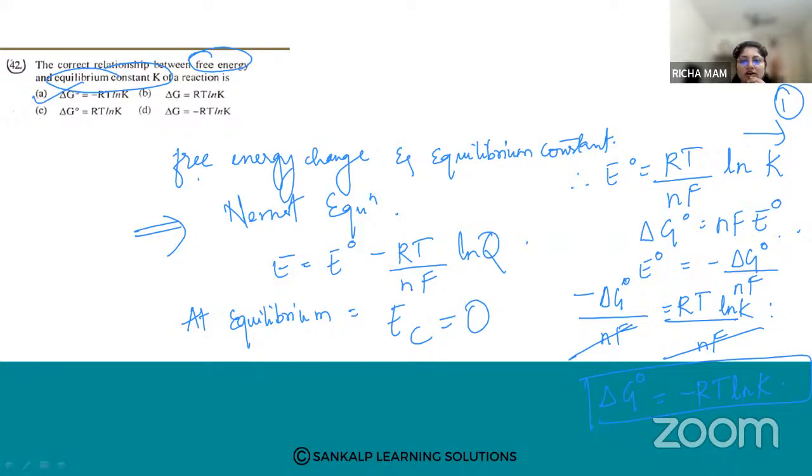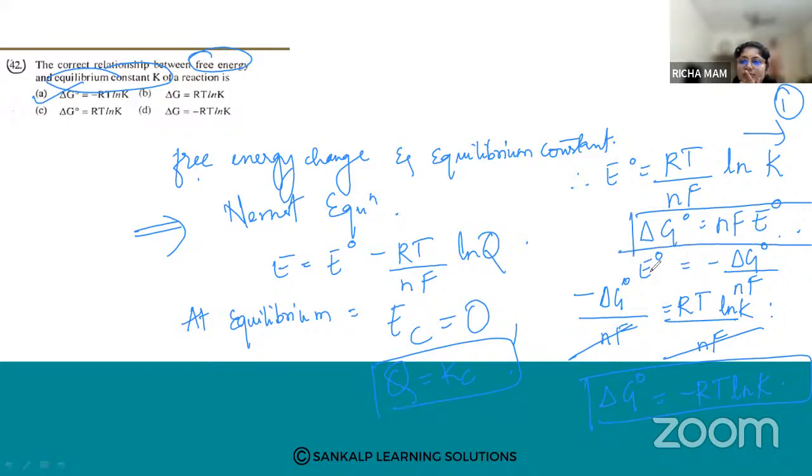So how did we get this relationship between free energy and equilibrium constant from the Nernst equation? We have E is equal to E naught minus RT by NF ln of Q. At equilibrium, E is equal to 0 and Q will be equal to Kc, that is your equilibrium constant K. Therefore E naught is equal to RT by NF into ln of K. We know that delta G naught is equal to NF E naught.